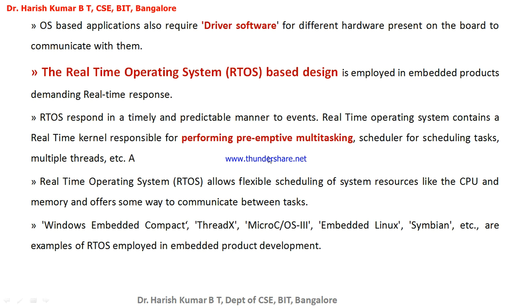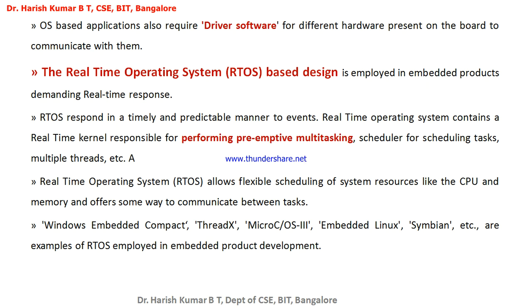Now, the second approach is real-time operating system based design and development of the firmware. This operating system is employed in embedded products which demand a real-time response. Since the embedded system demands the real-time response, the RTOS, the real-time embedded operating system kernel, is responsible for performing preemptive multitasking.